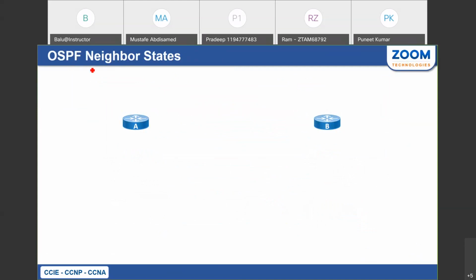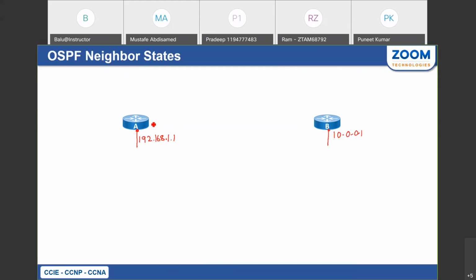Right. OSPF neighbor states. How exactly do OSPF neighbor states work? Example: router A's LAN interface IP address is 192.168.1.1, and router B's LAN interface is 10.0.0.1.